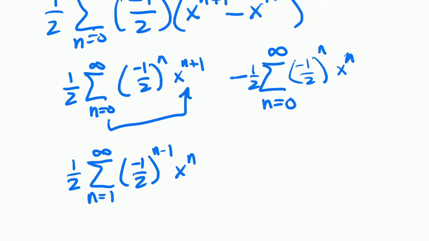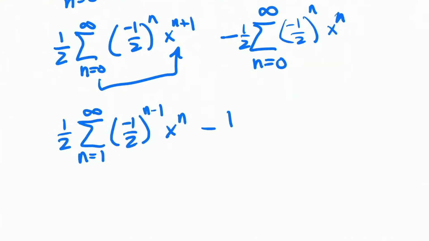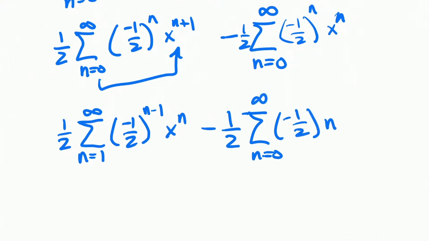Here, n plus 1 becomes n. So this one is probably the most problematic, but remember, if n minus 1 equals 0, then n has to equal 1. So just shifting the index is basically all that is. Yeah, so I think this is easier than writing it all out. And then this thing is just going to be here, -1/2 to the n, x to the n. Sorry about that.